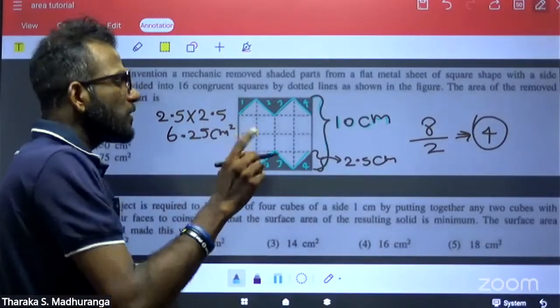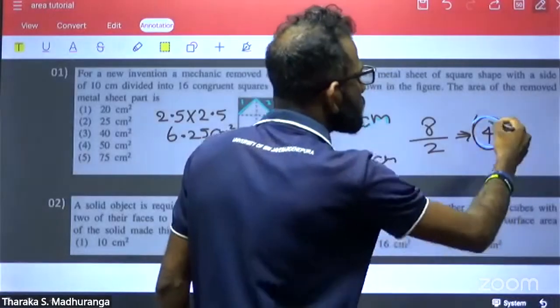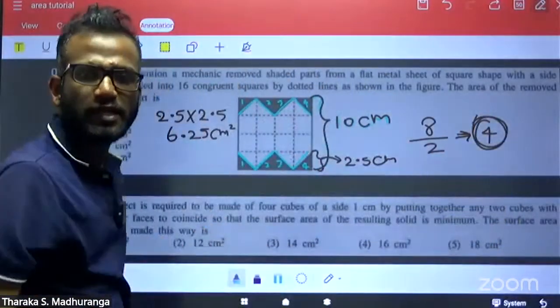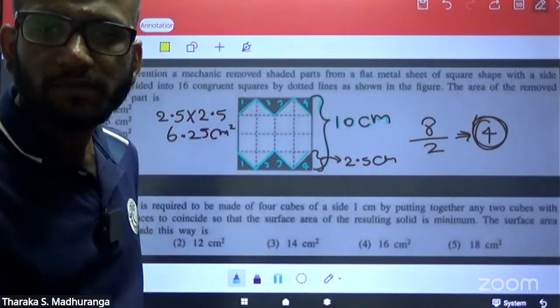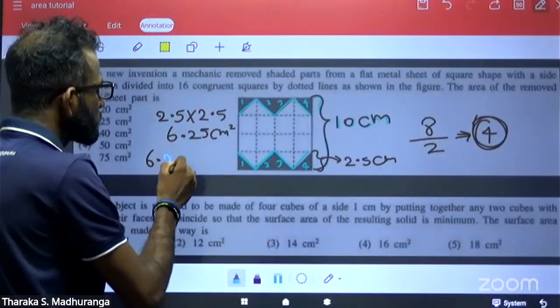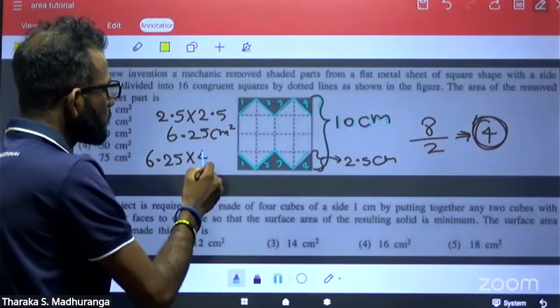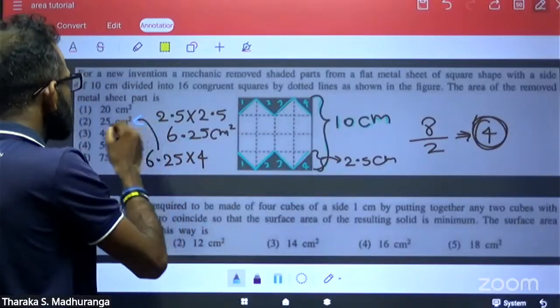Same type, same size. How many squares? 4 squares are shaded and removed. Yes, Sandeep. Then 6.25 multiplied by 4. The answer is 25.